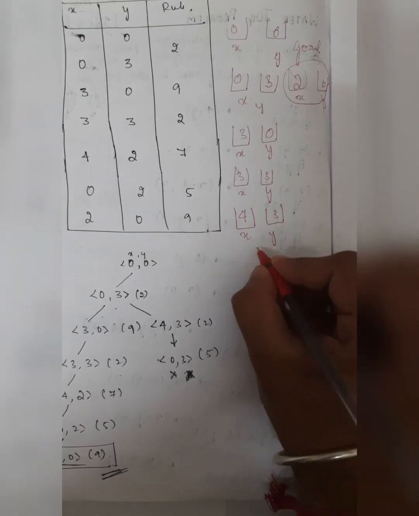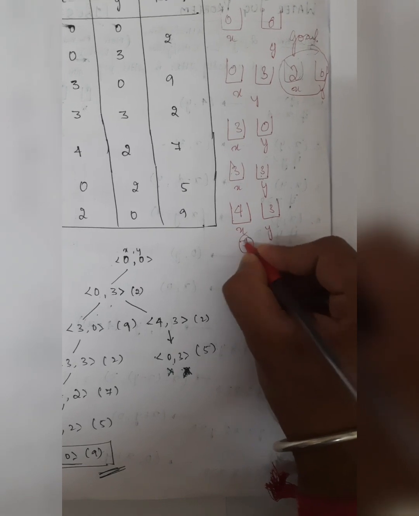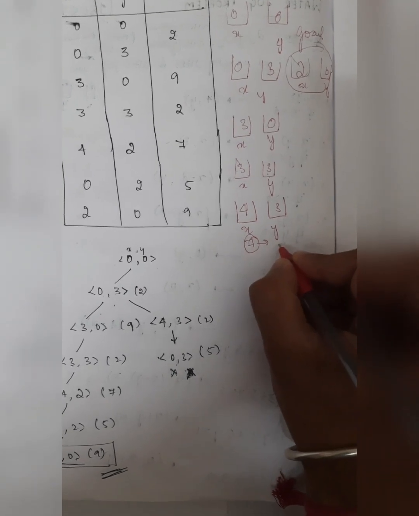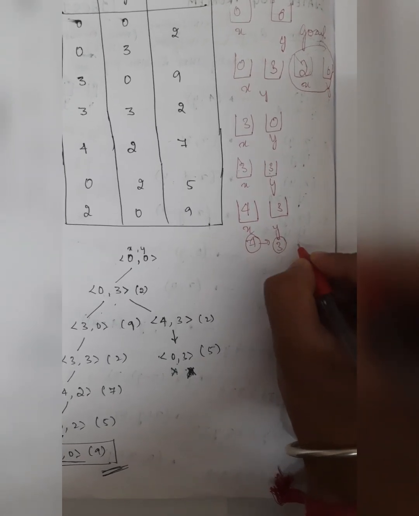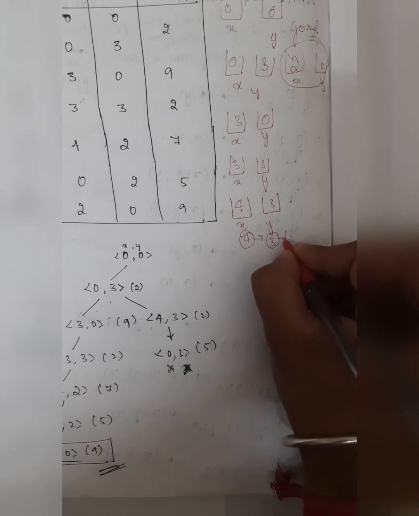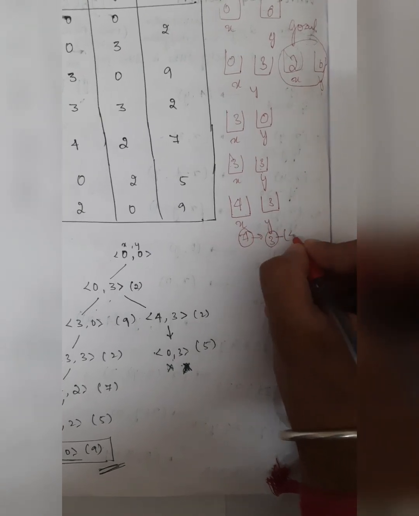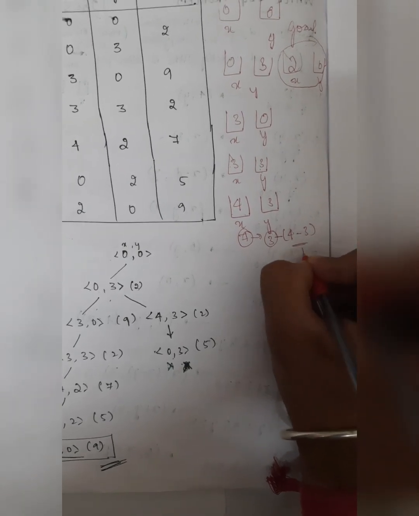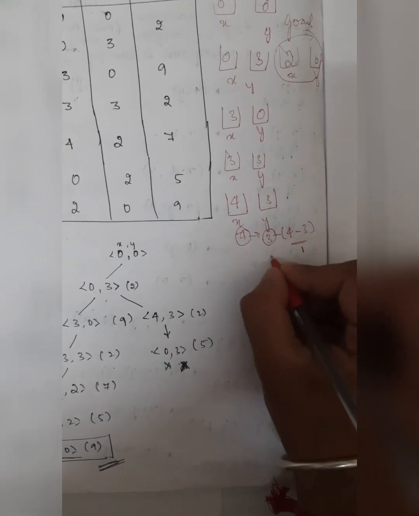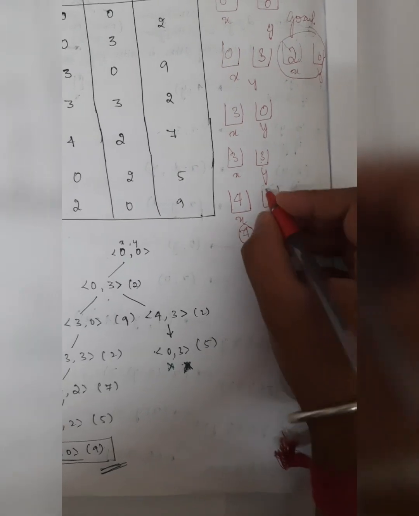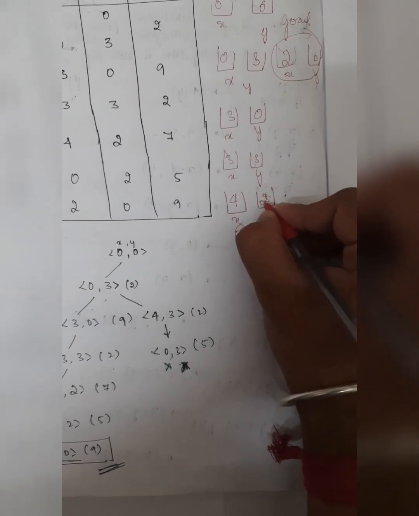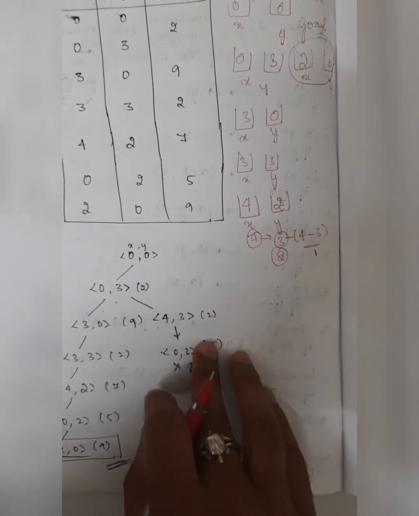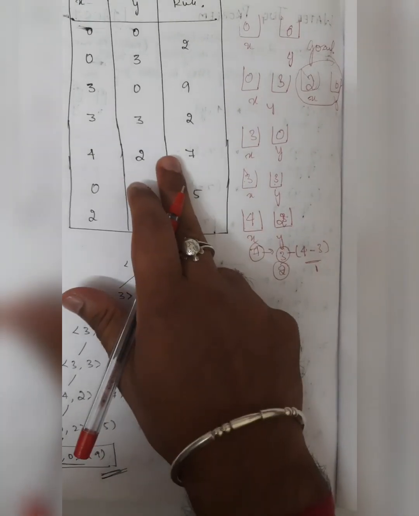According to this rule, Y had 3. Now I am subtracting some amount. X has capacity 4 minus 3, so X can get another 1 liter from Y. So remaining in Y is 2 liters and X will be filled to 4. It got filled according to rule number 7.